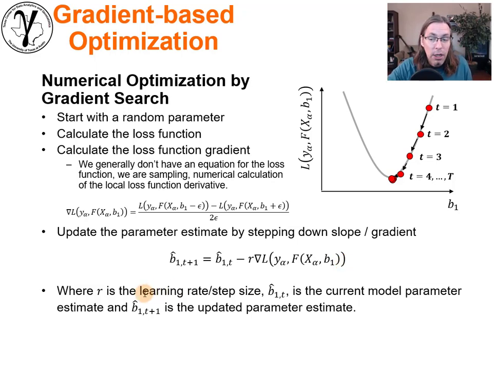Now we've got to pick a learning rate in order to do this. But at this location, we have a pretty steep gradient. Our next step will be downslope to here. There's T2, time 2. Then we'll have another step, not as far as the first step, because the gradient is getting shallower, and we know that from a quadratic. We would expect that. And then the next step, we start to slow down.